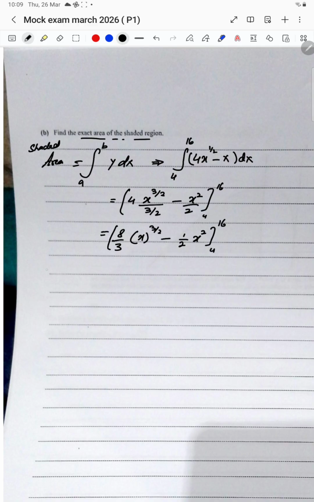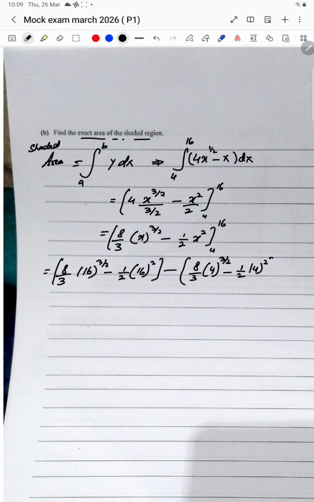Now upper limit minus lower limit: 8/3 times 16 power 3/2 minus 1/2 times 16 squared, minus the lower limit 8/3 times 4 power 3/2 minus 1/2 times 4 squared. Now simplify on the calculator.